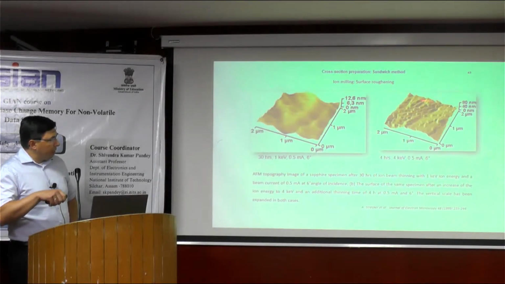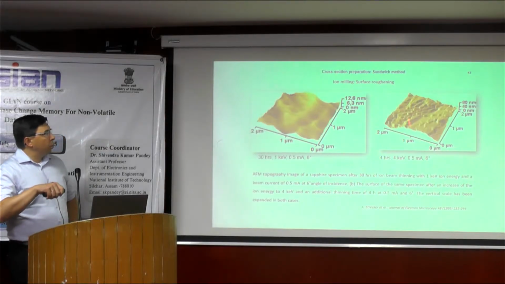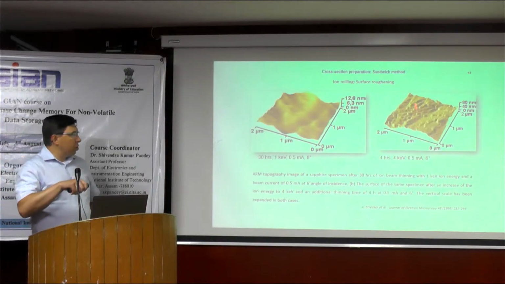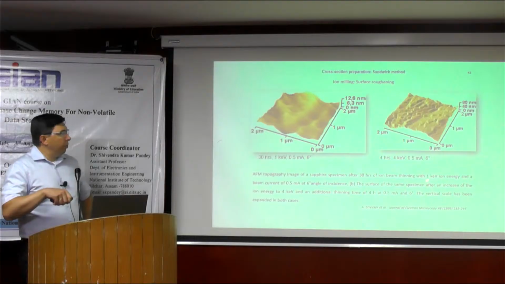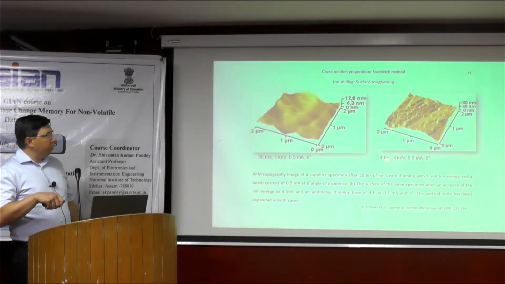So if you start with first the surface after cleaning or thinning with 4 kV beam energy, this is the degree of the beam to the surface and beam current. And after, for example, 4 hours, you have a surface roughness of 80 nanometers.